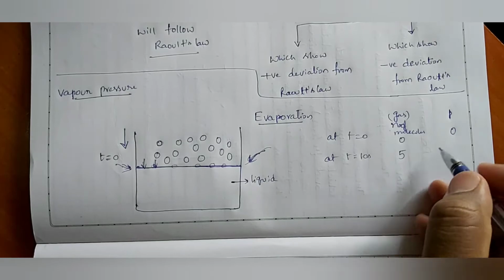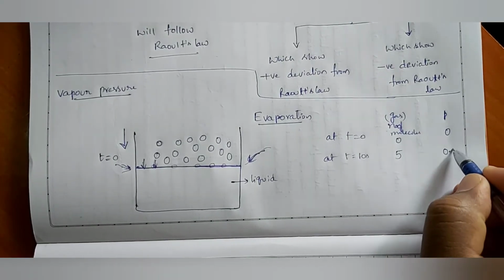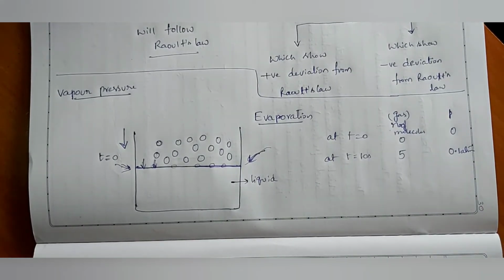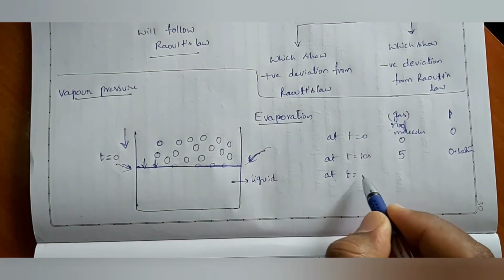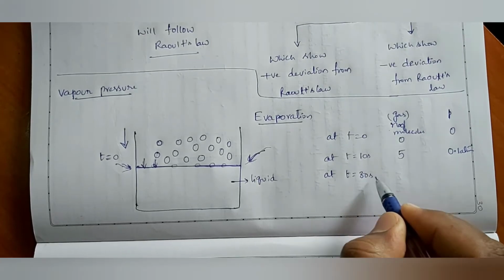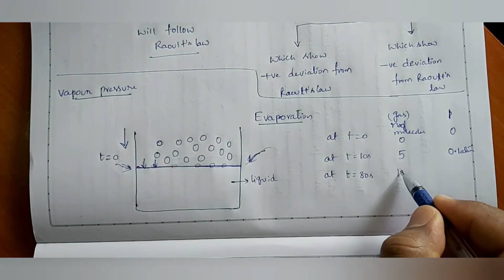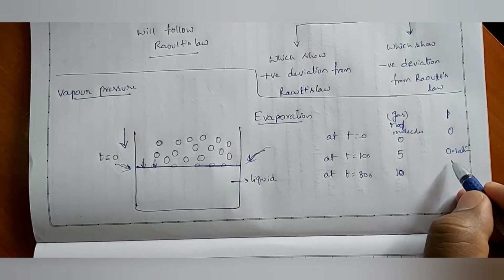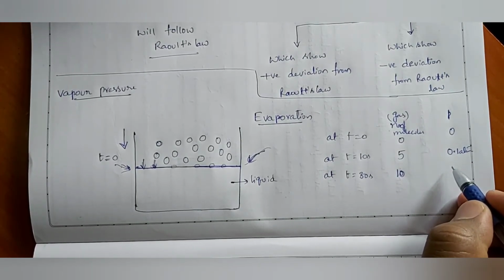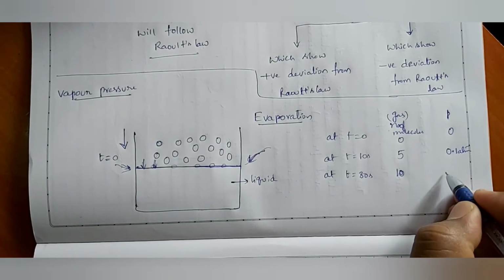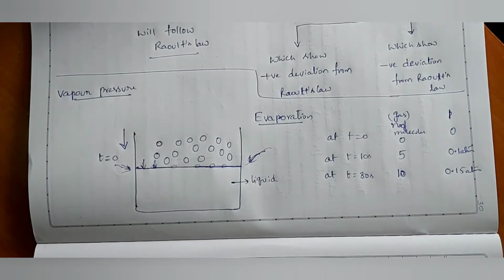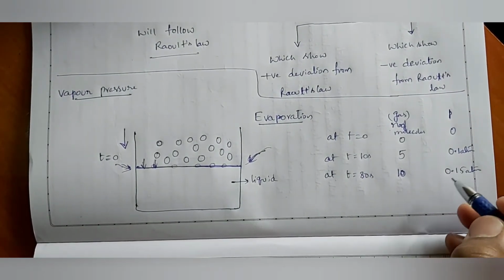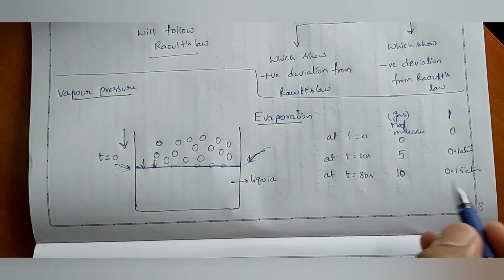Let us take an example: then the pressure reaches 0.1 atmosphere. At time t equal to 30 seconds, the number of molecules became 10. Then pressure also increases, because when the number of molecules increases, automatically pressure also increases. Then this is 0.15 atmosphere. For example only I am telling 0.15 atmosphere, slightly increased.